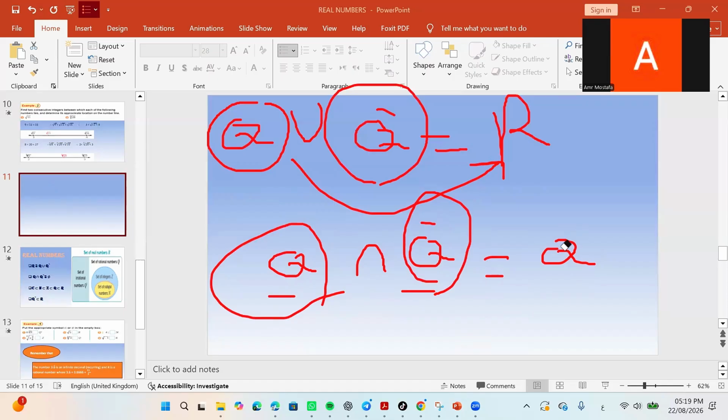So the intersection between them equals phi. Okay? But the real numbers equal Q and Q dash.